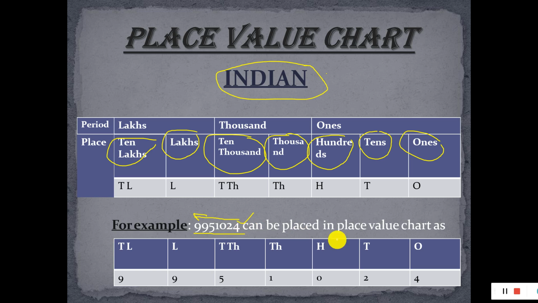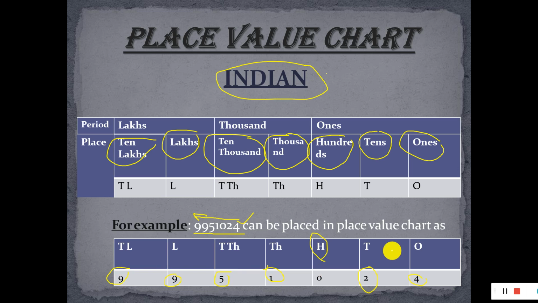So first is 4, we place in ones, then 2 in the tens, and 0 in hundreds, 1 in thousands, 5 in 10,000s, 9 in lakhs, and 9 in 10 lakhs.